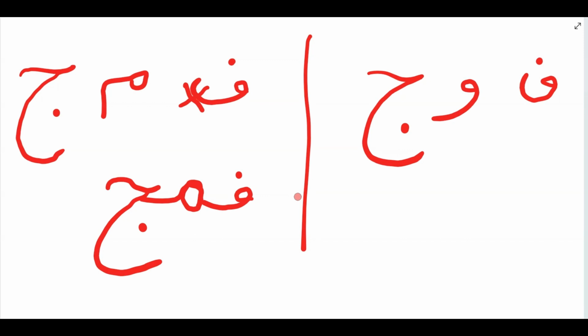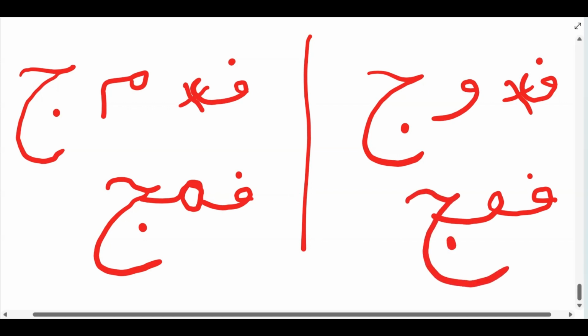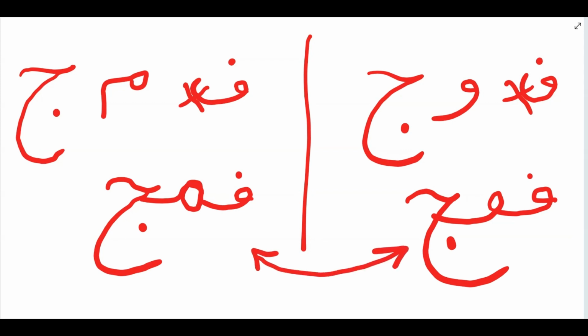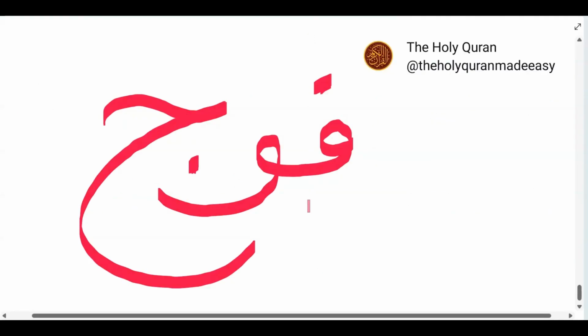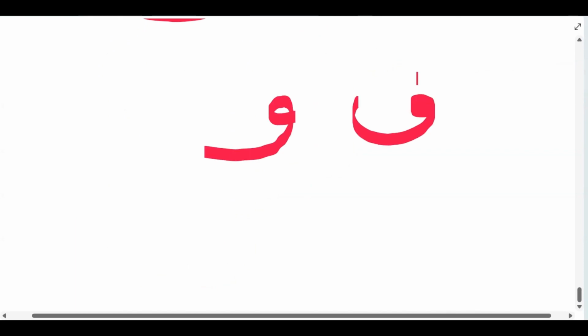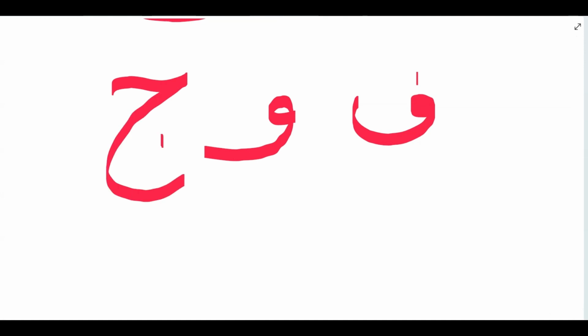And then I'm going to do the same here: cut the end of the f, attach the wow, and then attach the jim. I think they're very hard to tell apart, and it's very confusing. Going back to the word fawjun, we can see it's made of the letters fa, wow, and jim.